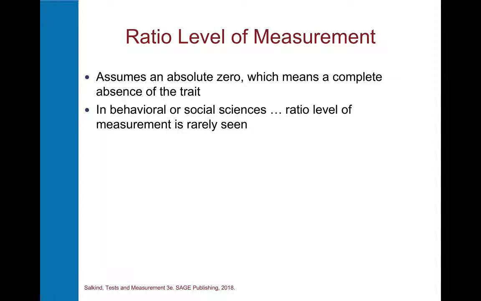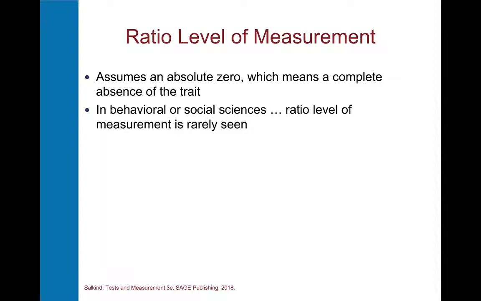So here's one way to think about it. It's very possible to receive a score of 0 on a spelling test, right? But here's a more important question that would determine whether or not spelling ability is measured at a ratio level of measurement.